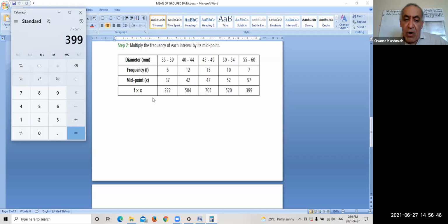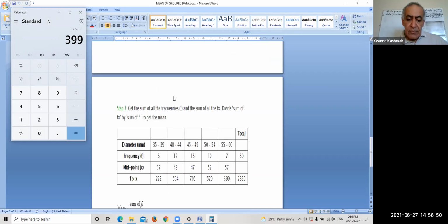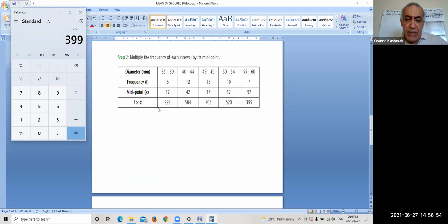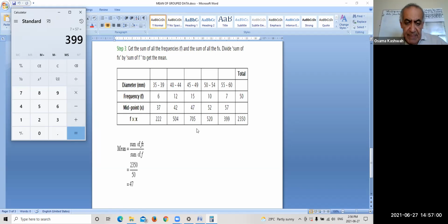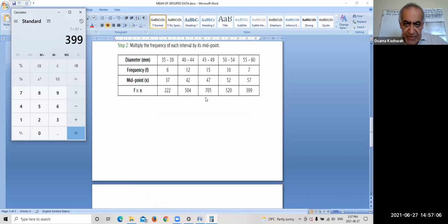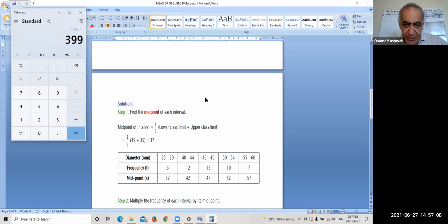Now I will sum all the fx, all of them. Then I will divide by the total frequency. How many bottles do I have? The total frequency is 50 bottles.